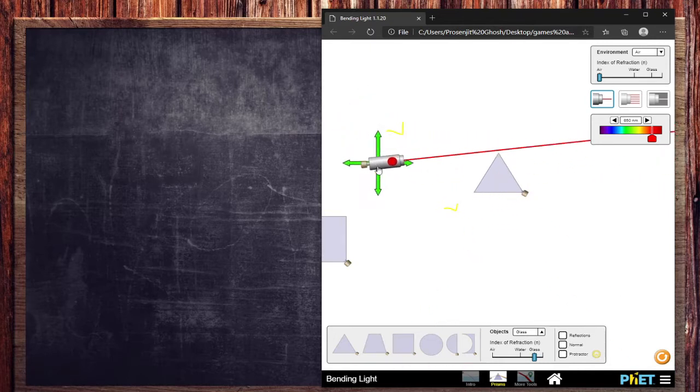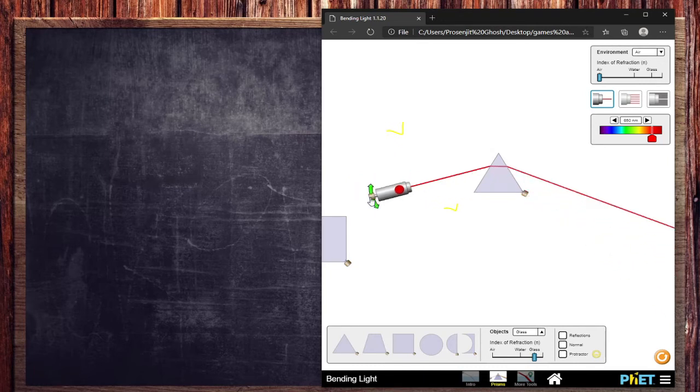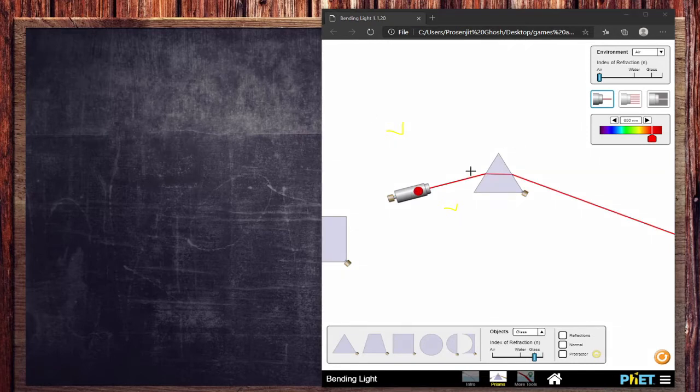You must notice that if I keep the light like this, the light is moving like this and then it is bending up to this situation. This bending of light, or the deviation of light from its main path, is known as deviation of ray.